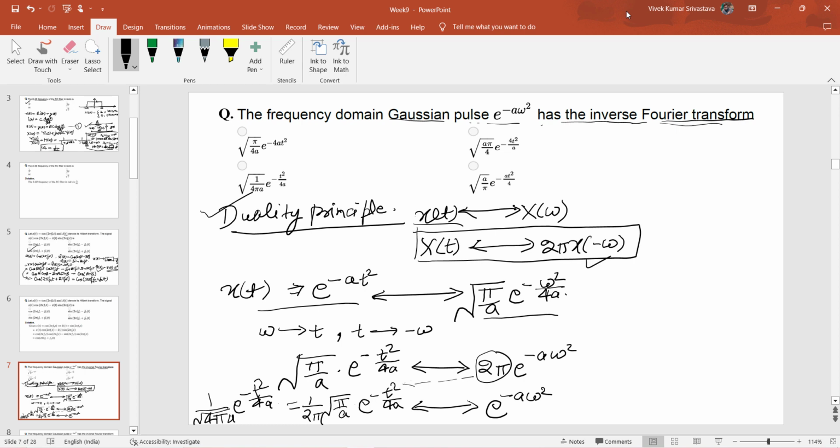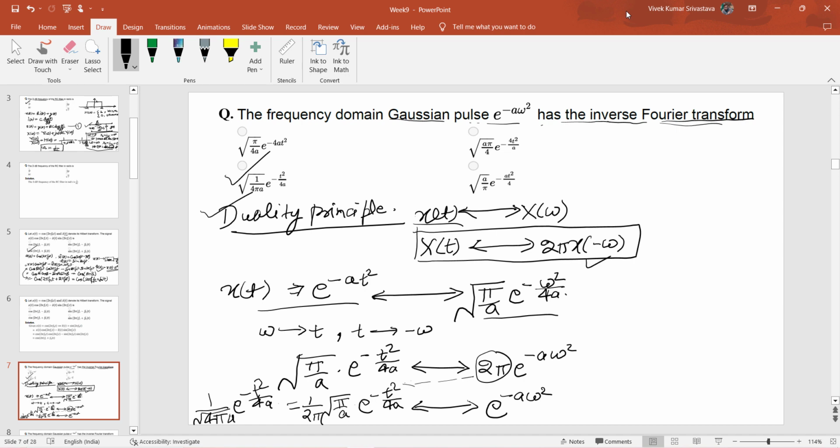So once you put t as minus omega, it will be equal to omega square only. Okay, sir. So from here we can say that option C is the correct option.